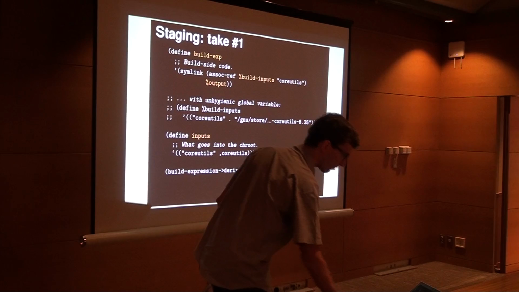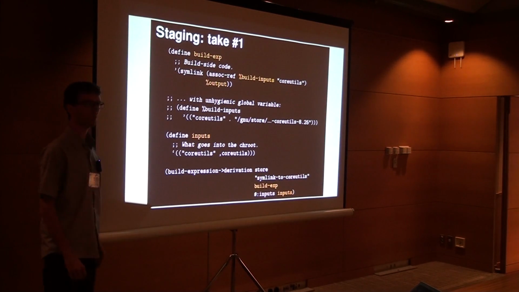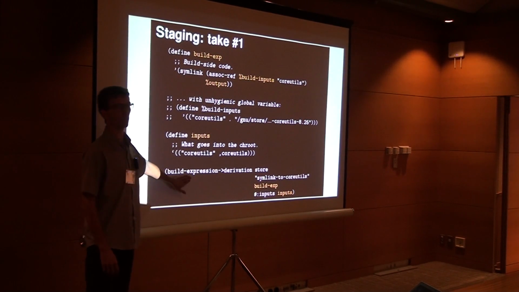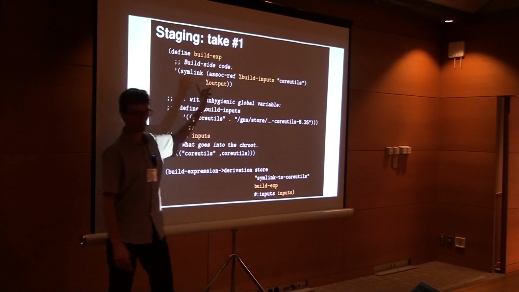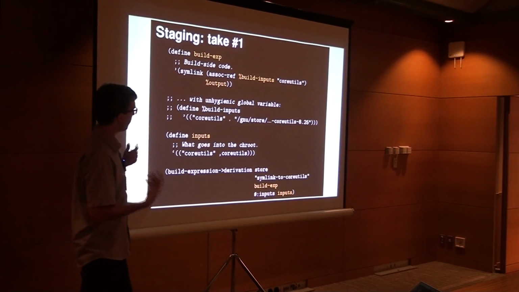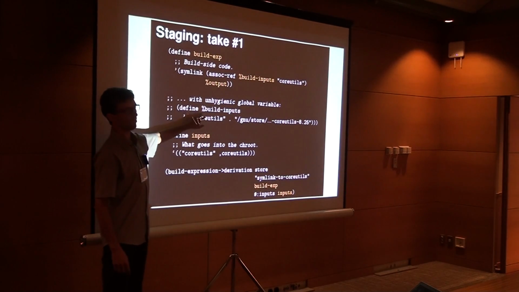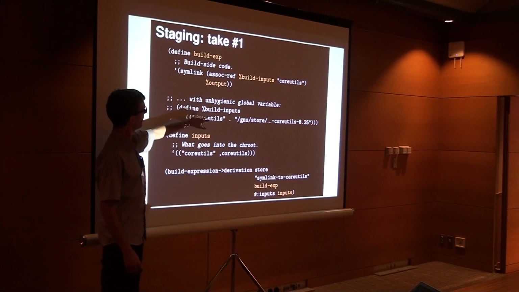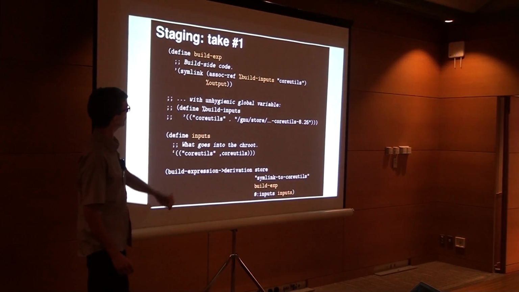So the first approach looked like this. What's going on here? Essentially, we have that build-expression->derivation, to which I'm passing that S-expression above. And somehow, this procedure creates global variables around that expression I gave it. So it creates a %build-inputs global variable.